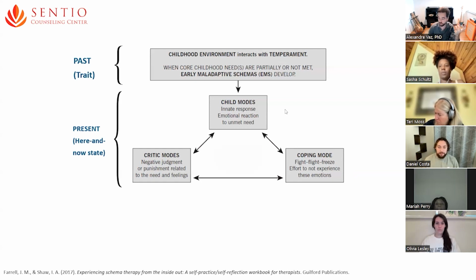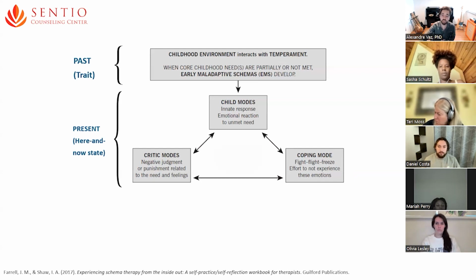So again, to make it more concrete, let's imagine a patient who has a really scared child part because they were abused by a parent. Right? So they learn through that experience that they can't trust others, and they have this core sense of fear. No one can really survive being in a core sense of fear for too long.